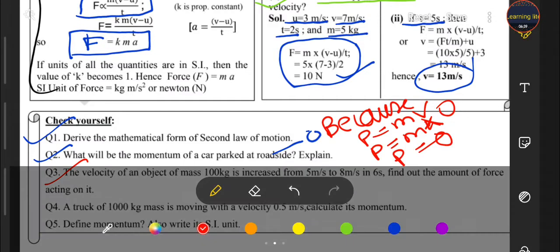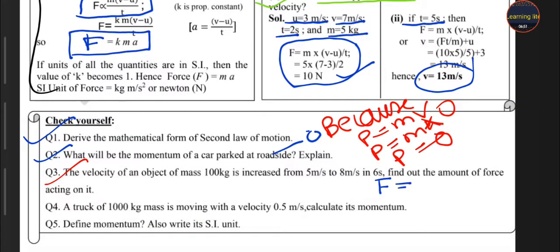Third question, student. The velocity of an object of mass 100 kg increased from 5 to 8 in 6 seconds. Find the amount of force. We have to calculate the force. F equals m into (v minus u) upon t. m is 100, final velocity is 8, initial is 5 and time is given as 6 seconds.